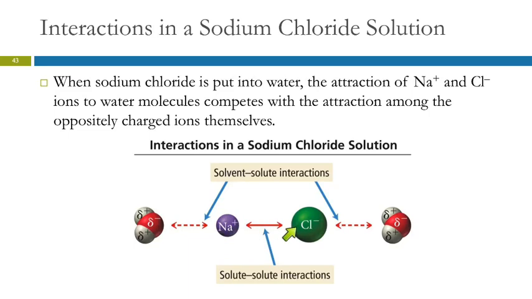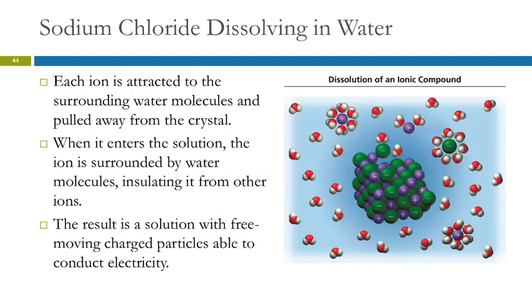Well, we can't replace this full positive-negative attraction by pairing up with one water molecule, but there's a lot more than one water molecule. And so what happens is a bunch of them will cluster around the ion. And so now this positive ion is feeling an amount of negative charge around it that's comparable to the amount of negative charge it felt when it was part of the sodium chloride solid.